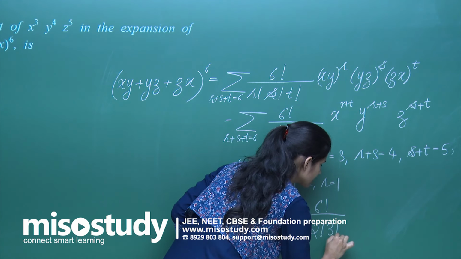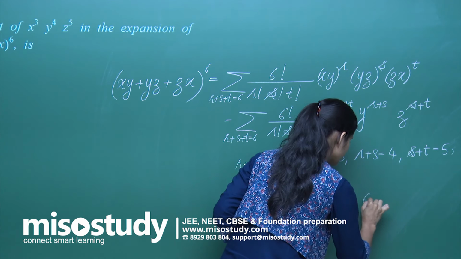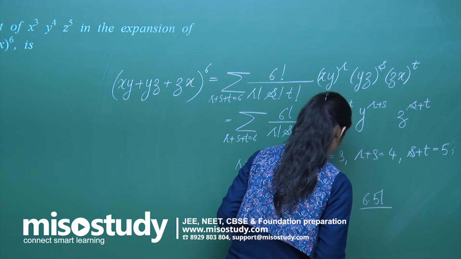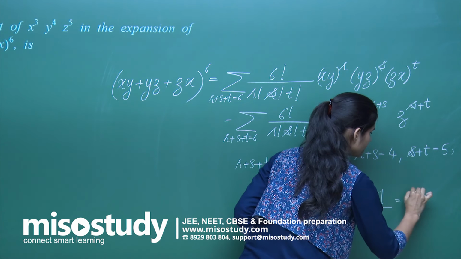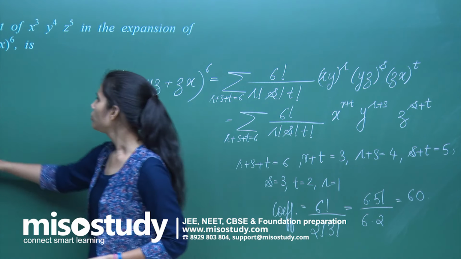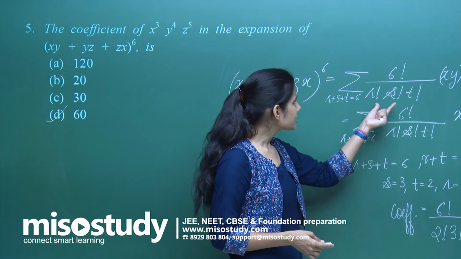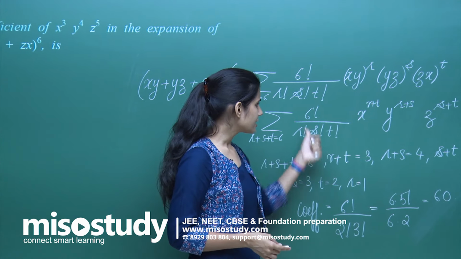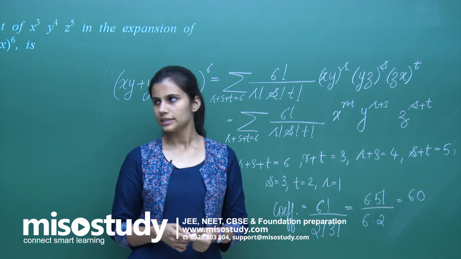Eventually that becomes 6 into 5 factorial upon 6 into 2, which gives you 120 by 2, that is 60, and so your answer is that the coefficient is 60. So you get 60 x cube y to the power 4 z to the power 5, so the coefficient of this is 60.